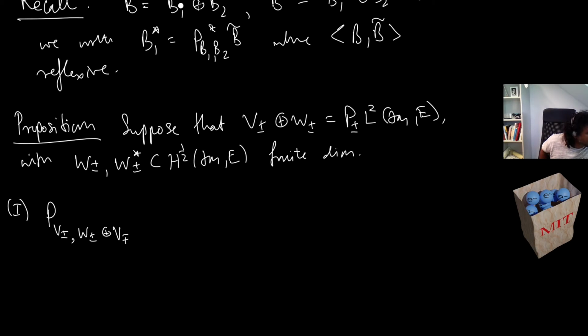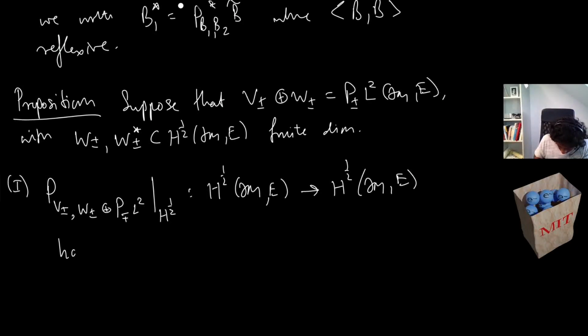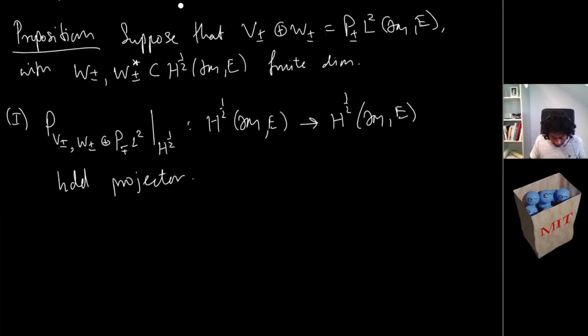Why do I only have V minus plus there? That's a bit strange. It should be P minus plus L2. So this restricted to H half is a bounded projector from H half. So this descends to a bounded projector from H half to H half, bounded projector. Okay.